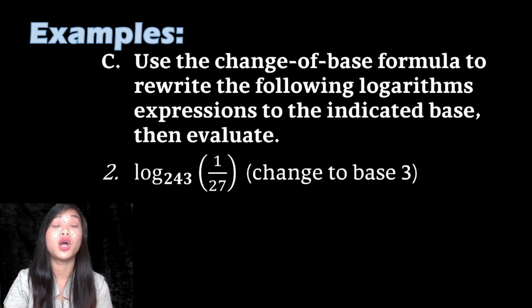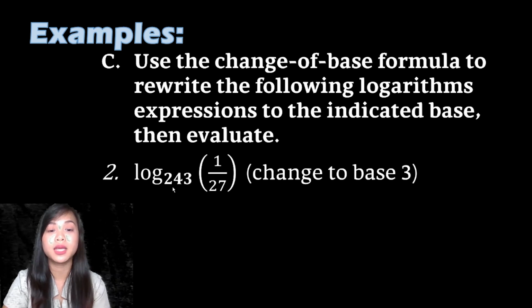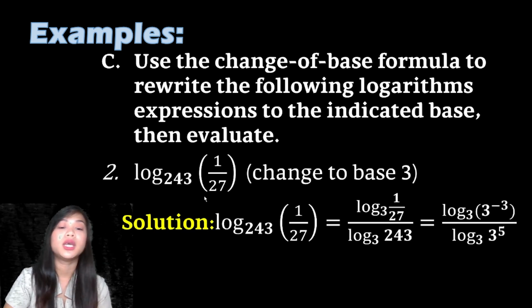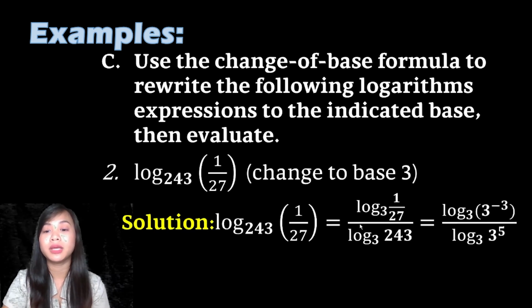Second example, we have log base 243 of 1 over 27. So change to base 3. So from 243, let's change the base to 3. So here is the solution. We have log base 3 of 1 over 27. So 1 over 27, the power of our given, over log base 3 of 243.